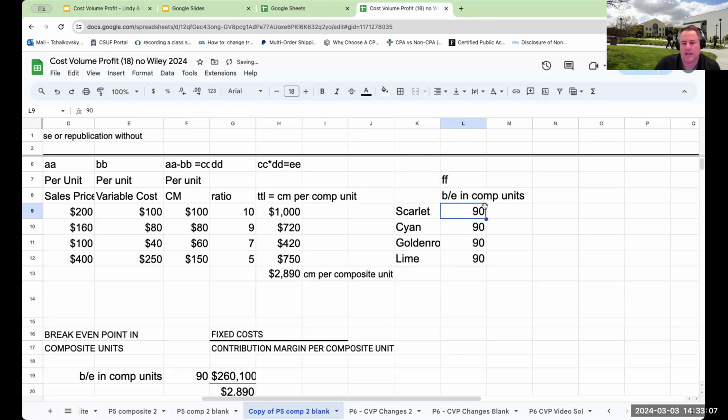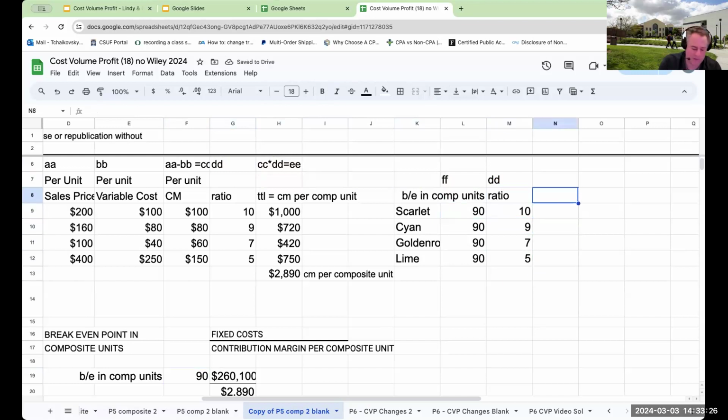So this is going to be at 90 for each of these because that was the result we got here. What I'm now going to do is multiply this by the ratio. My ratio is now 10,975.